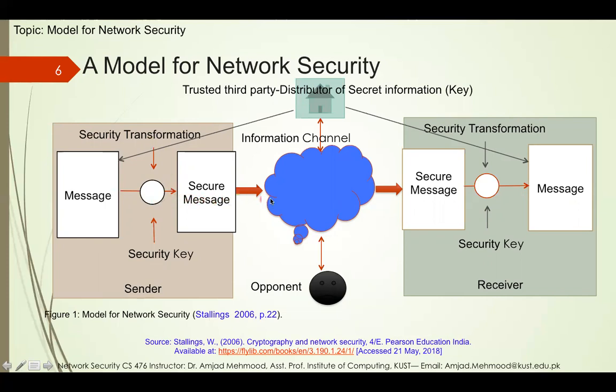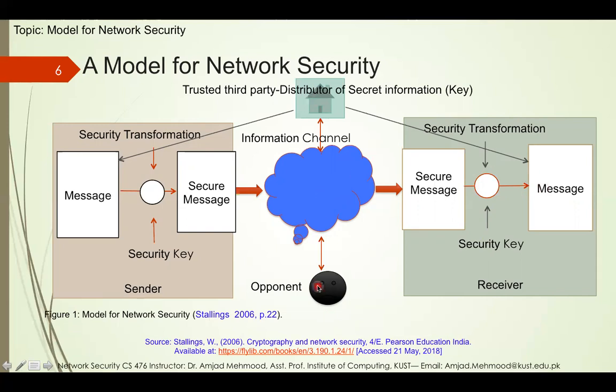The secret message then flows over the network and reaches the receiver. The receiver applies the same security transformation and the security key, which is provided by the third party, and gets the plain text message back.